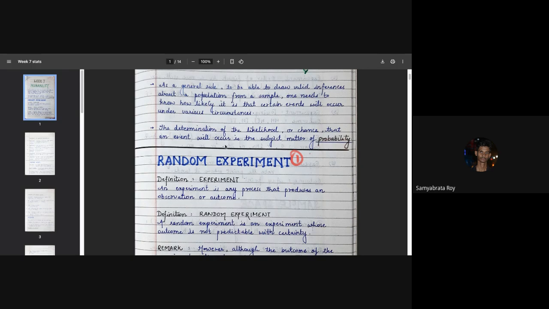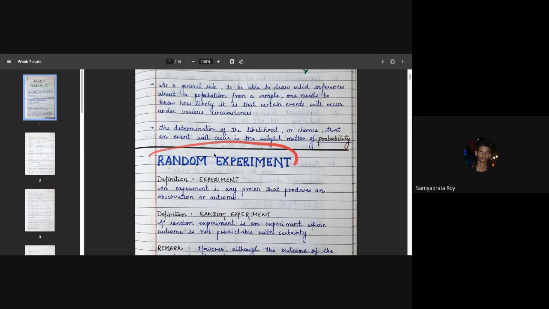First, you will be familiar with classical, and then you will get introduced to axiomatic. Then maybe you will face the statistical definition, and at the last you will get a mathematical definition. These are not that important for you right now.